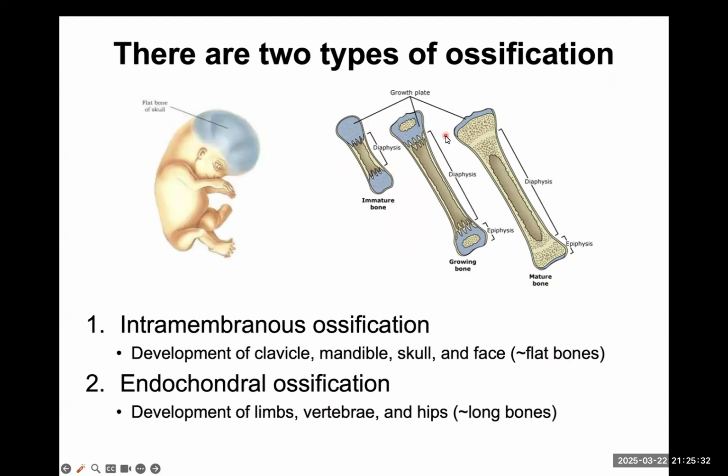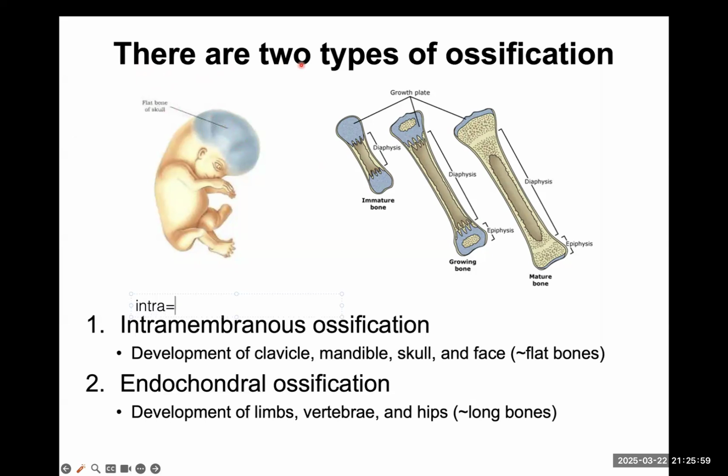So intramembranous ossification, you start off with the membrane, and that's what you have here on the skull. And then you have this thin sheet of membrane, and then inside that, bone starts to grow. So the word intra means within, and inter means between. So hopefully you remember that.